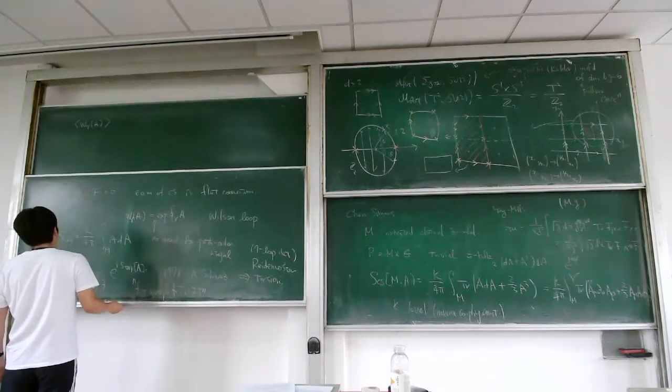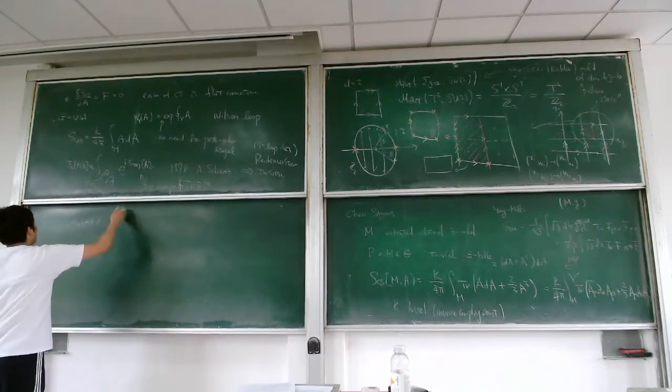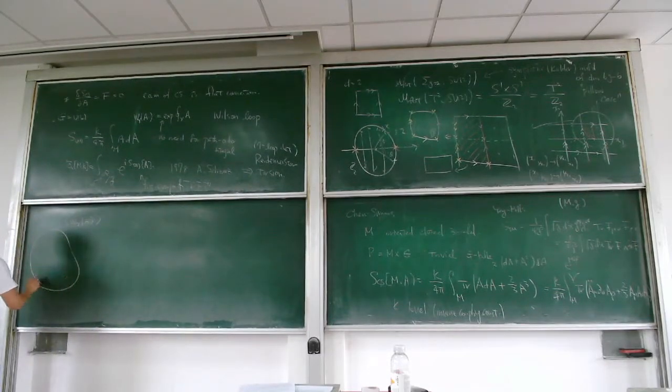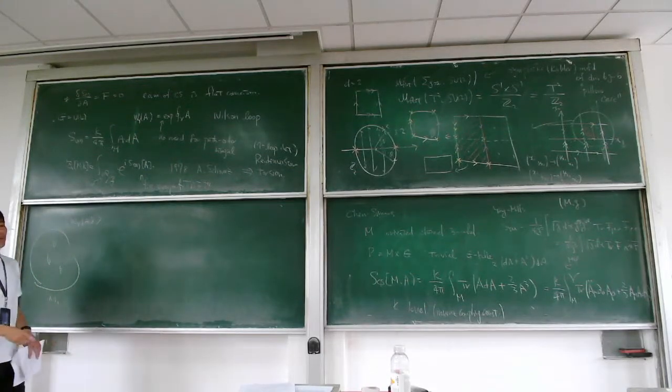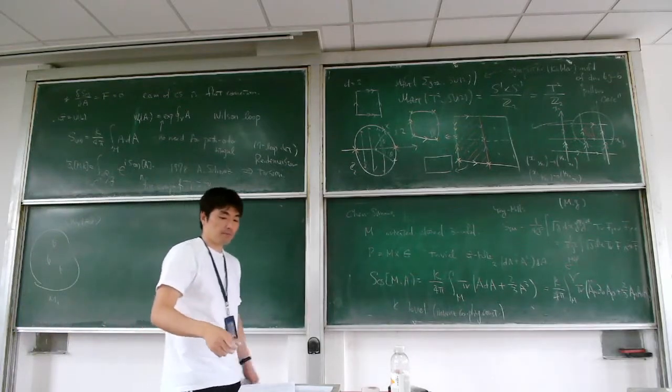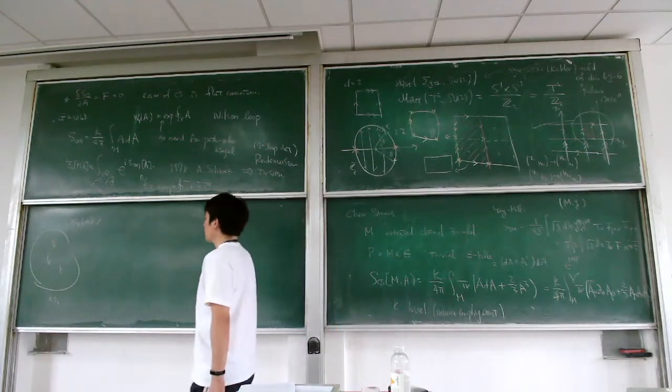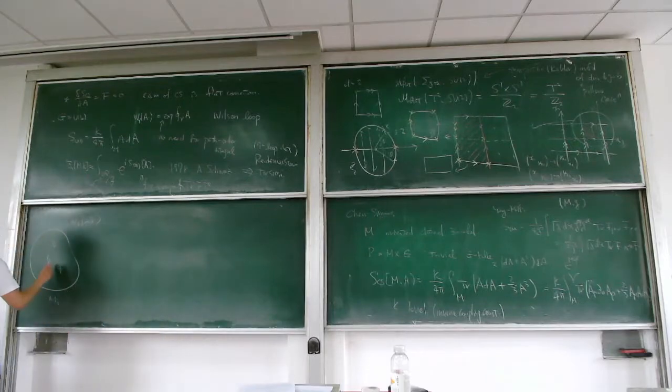Now we consider a manifold M. There's a topology inside. Now gamma is something, whatever. Gamma can be like this way, or maybe gamma can be something like this one.